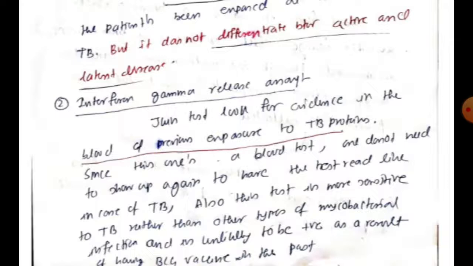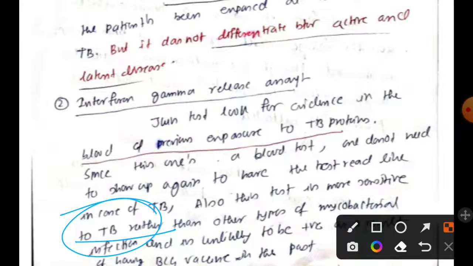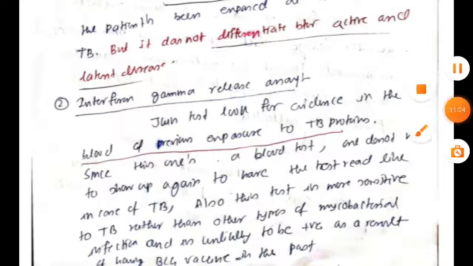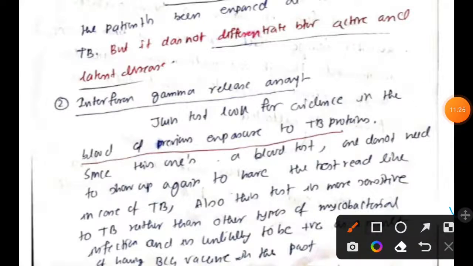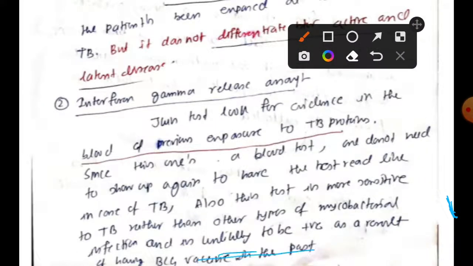Also, this is sensitive to only Mycobacterium tuberculosis. It shows a specific type of sensitivity to Mycobacterium tuberculosis, so that is quite useful, right? And most surprisingly, it does not give you a positive result just because you have taken the BCG vaccine.